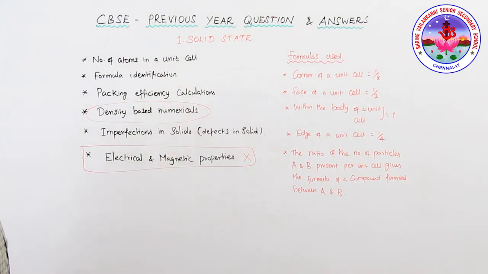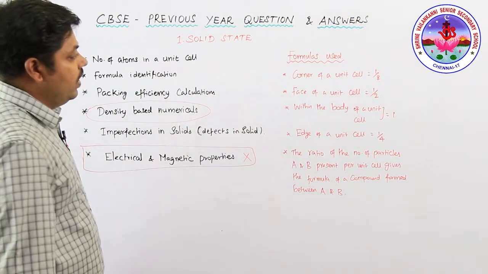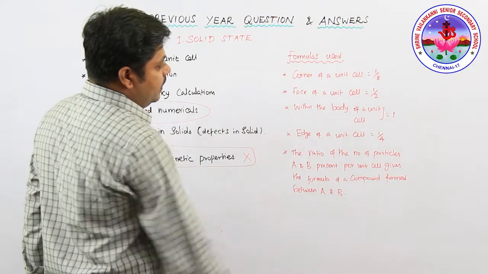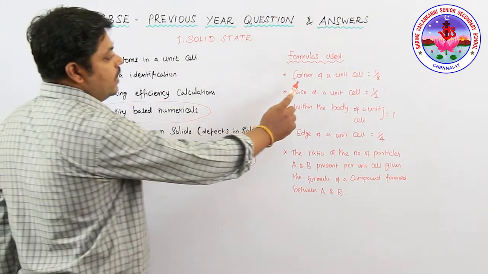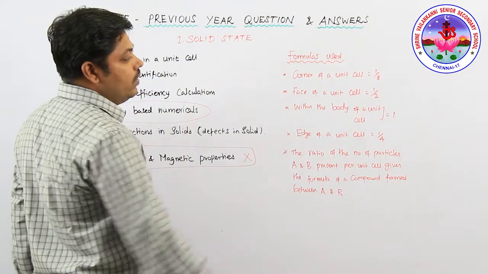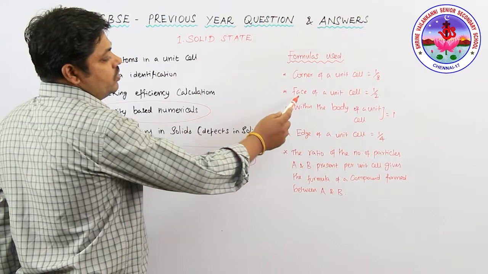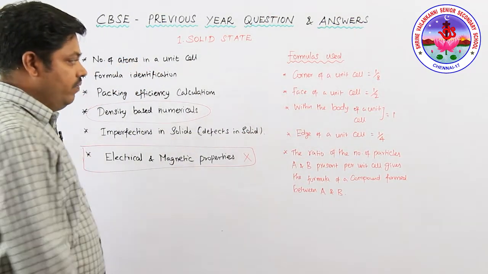Now here we will first see the identification of the formula, that is the formulas usually used in this chapter. The contribution of a particle at a corner of a unit cell is usually 1/8. The contribution of a particle at the face of a unit cell is 1/2, that is half.